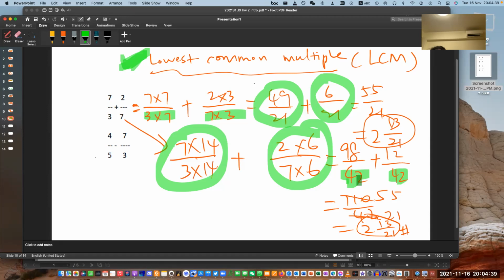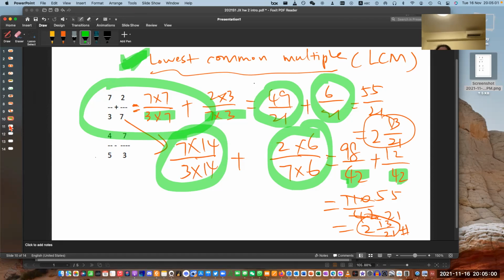I think in your primary school, your teacher did not mention the concept of lowest common multiple to you. They just ask you, okay, you just do it this way, and just accept it as it is. In fact, you're actually making use of the lowest common multiple here. Are you clear now?